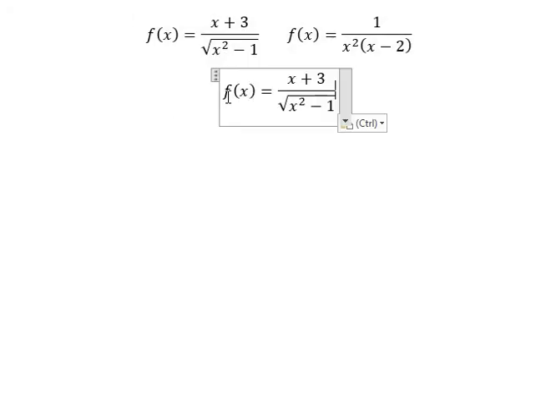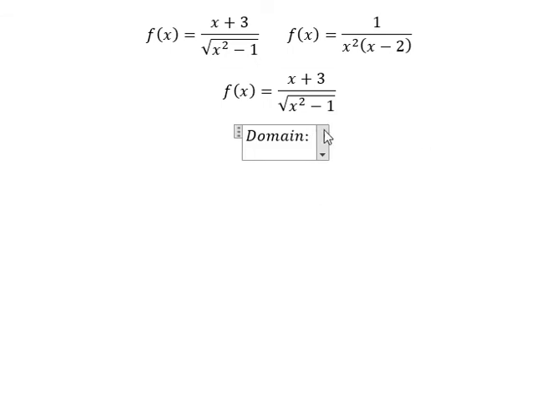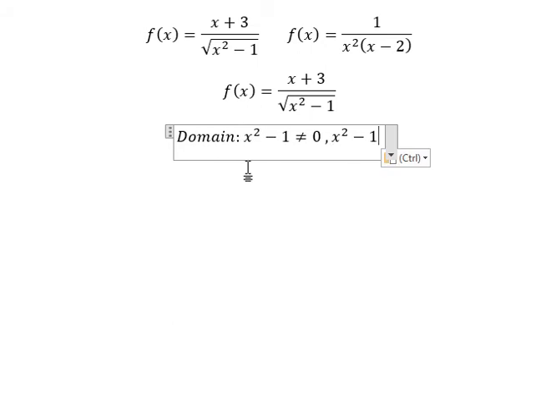Question number 1. We need to find the domain here. So in this situation, x squared minus 1 cannot equal 0 and x squared minus 1 should be greater than 0.